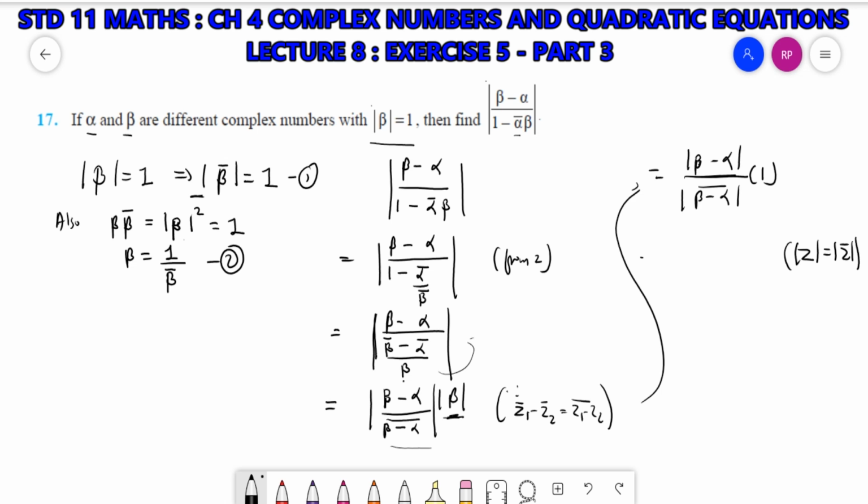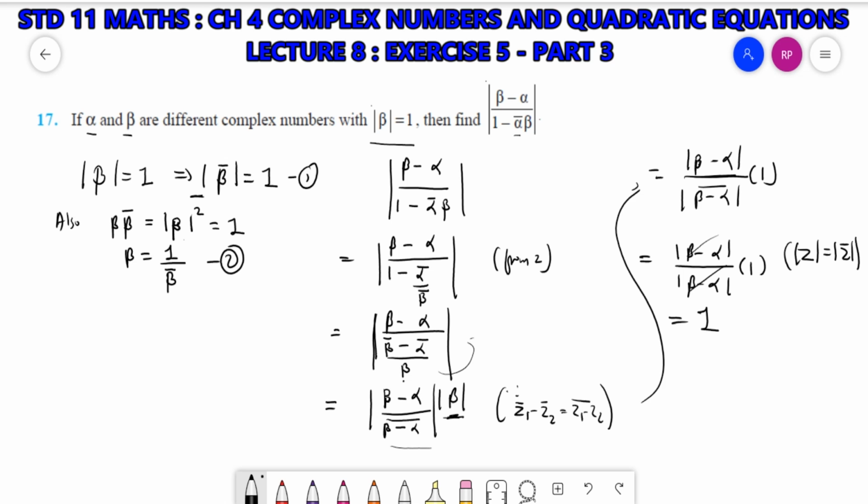So I can write this as modulus of (beta minus alpha) upon modulus of (beta minus alpha), both will be same. Clear? So into 1, this will be equal to 1. So the answer of modulus of (beta minus alpha) upon (1 minus alpha bar into beta) is equal to 1.